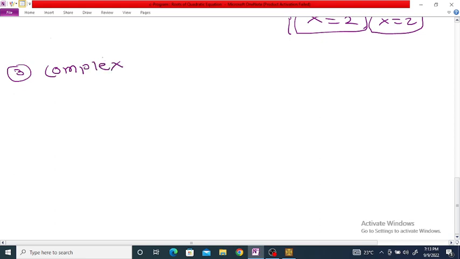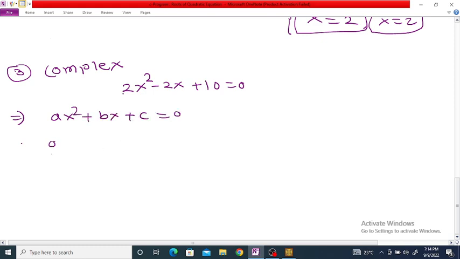In the last example, example number 3, the roots are complex. Now consider an example, 2x square minus 2x plus 10 equal to 0. If you compare this equation with ax square plus bx plus c equal to 0, here a is 2, b is minus 2, and c is 10.